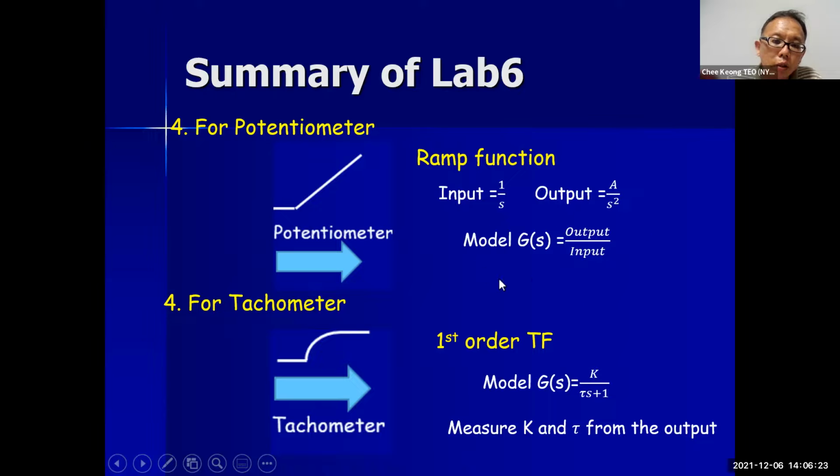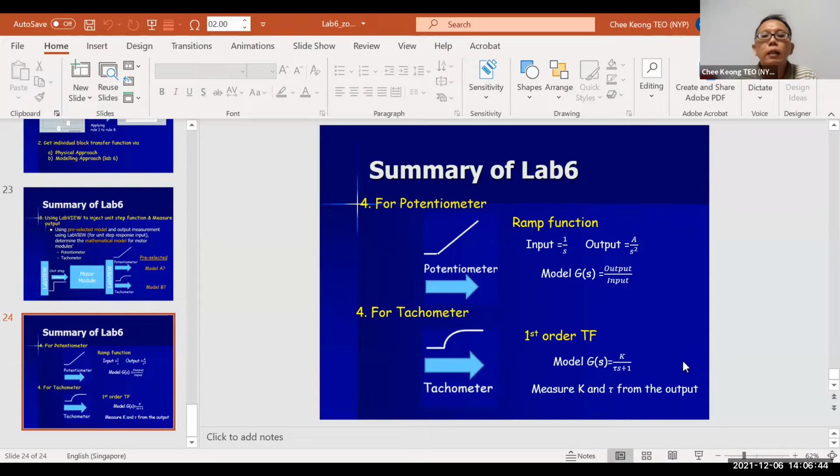So that's the approach for the potentiometer. But for the tachometer, we are using the first order transfer function, which is K over tau S plus 1. So essentially, you just extract the K value and the tau from the waveform, and you will be able to complete the modeling for the tachometer, right? And with that, we basically end the lab, and hope you will enjoy playing with the motor and characterizing the model. Thank you.